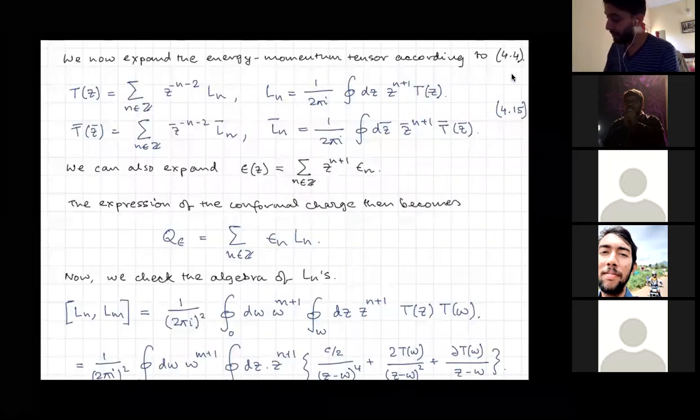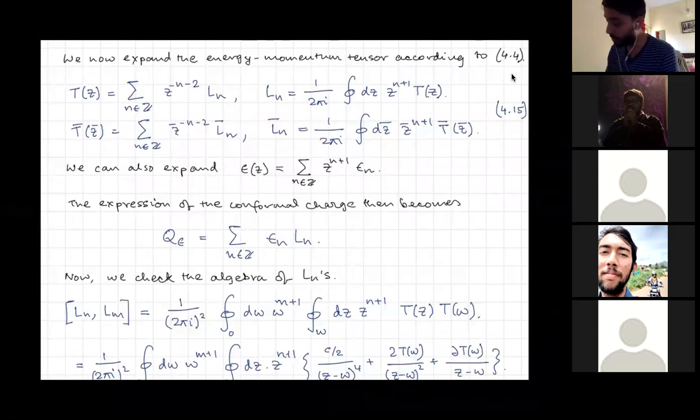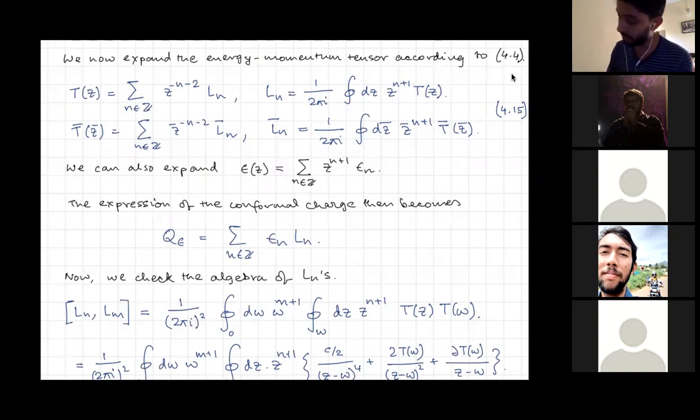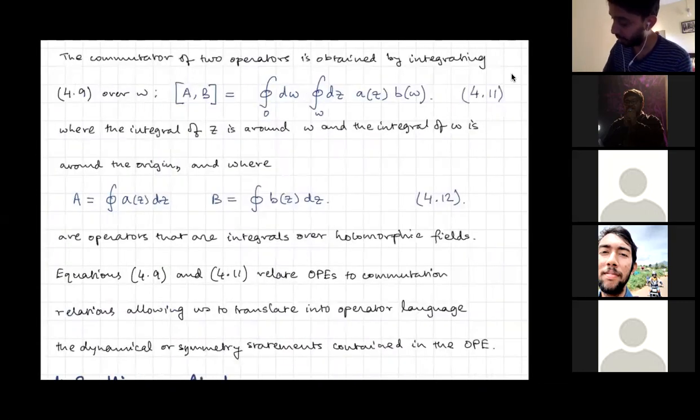Next, these are the L's which we wrote down, and let's try to find what the brackets of L's are. The brackets of two particular operators are given by the relation that we have written down out here.